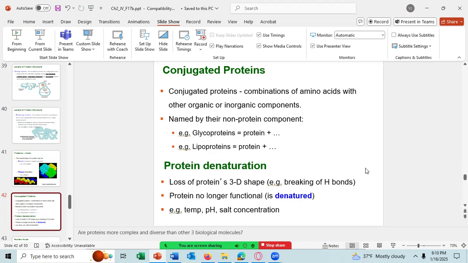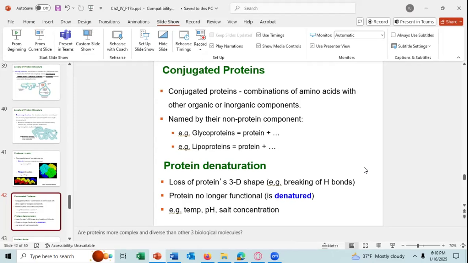We also have something that we call conjugated proteins, and this is where the protein is combined with an organic or inorganic compound. Could be an amino acid, could be a protein. It's bound to something else. We call it a conjugated protein. The protein is named by their non-protein component.